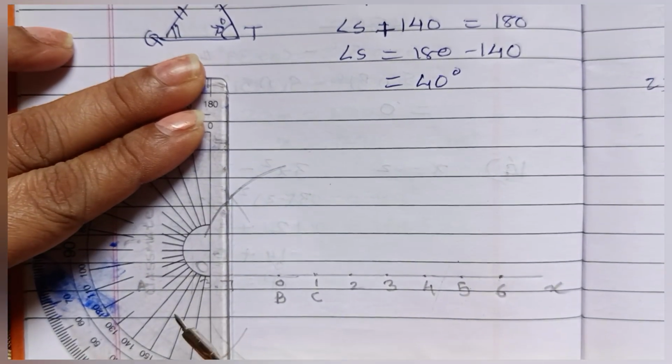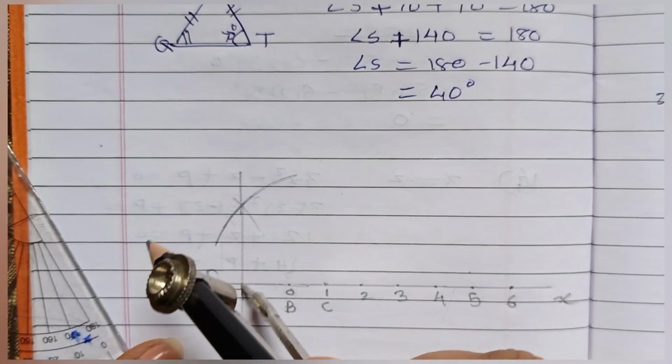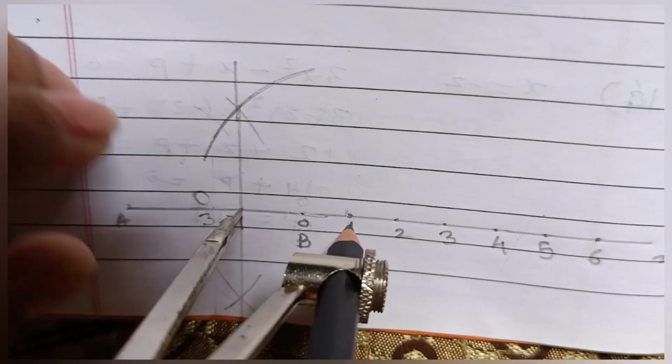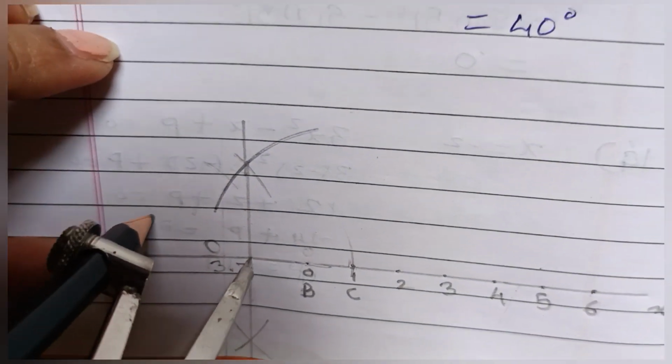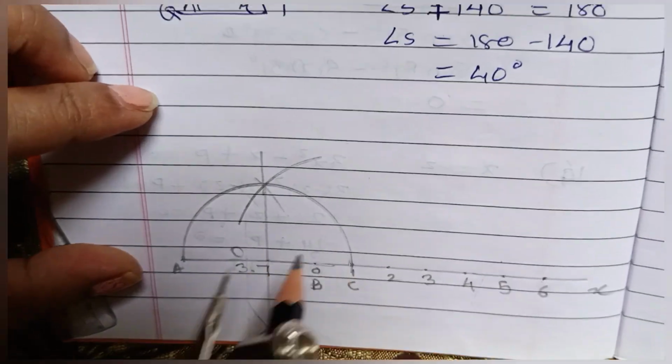Draw a line through these points. Now draw a semicircle from C to A.